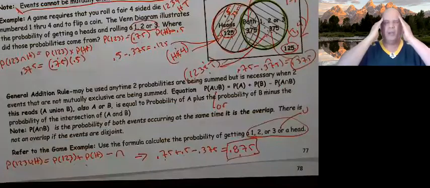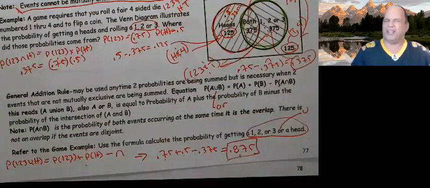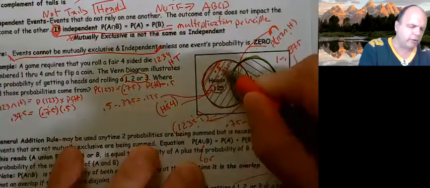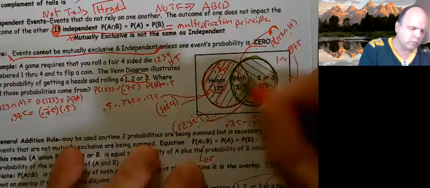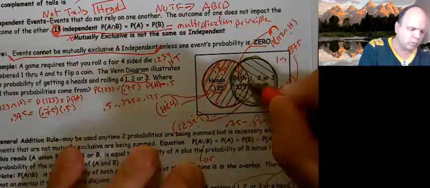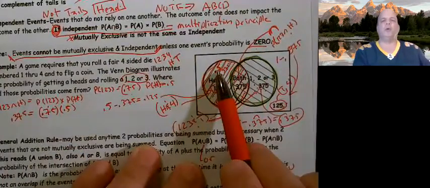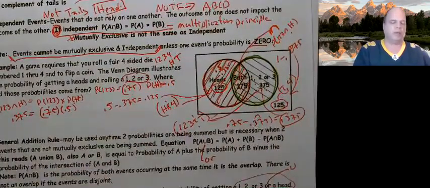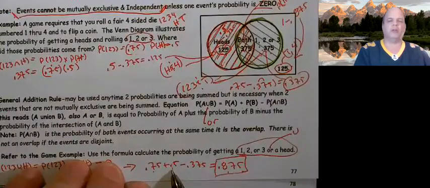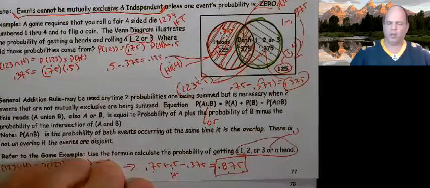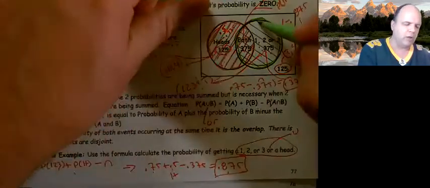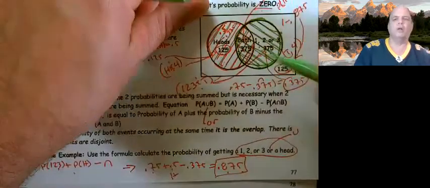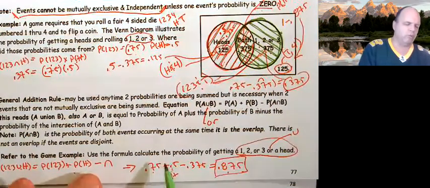And you're like, okay, so that works mathematically, but I don't understand. Here's why. This circle is the head circle. And that circle represents 0.5 because this plus this is 0.5, all right? And that's the 0.5 that we had right here. There's our heads. For the 1, 2, 3, it's everything in this circle, which is 0.75.